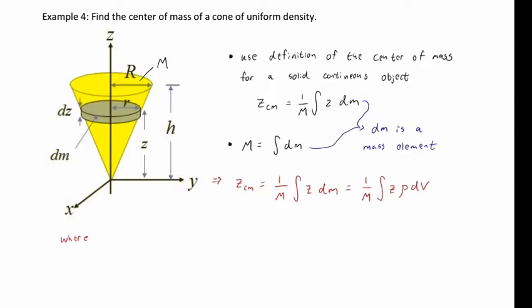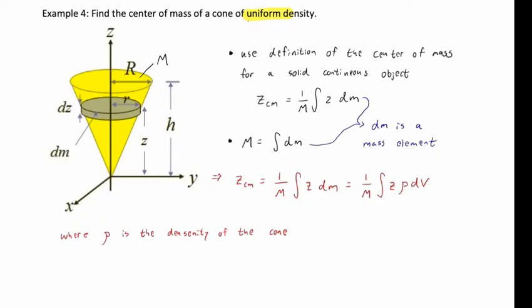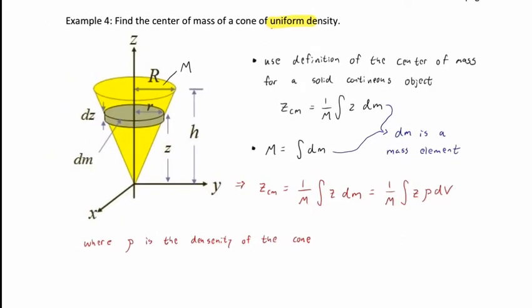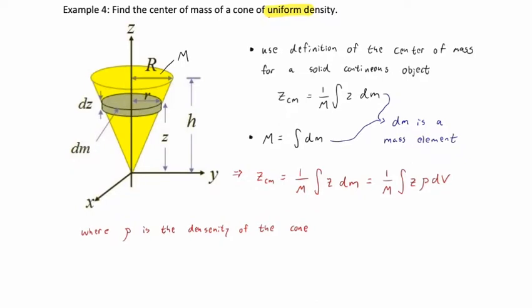where rho is the density of the cone, and in this case, since it's a uniform density, all right, so then what we have is that our density is just going to be kilograms per cubic meter, so it's just going to be the total mass over the volume of the cone.